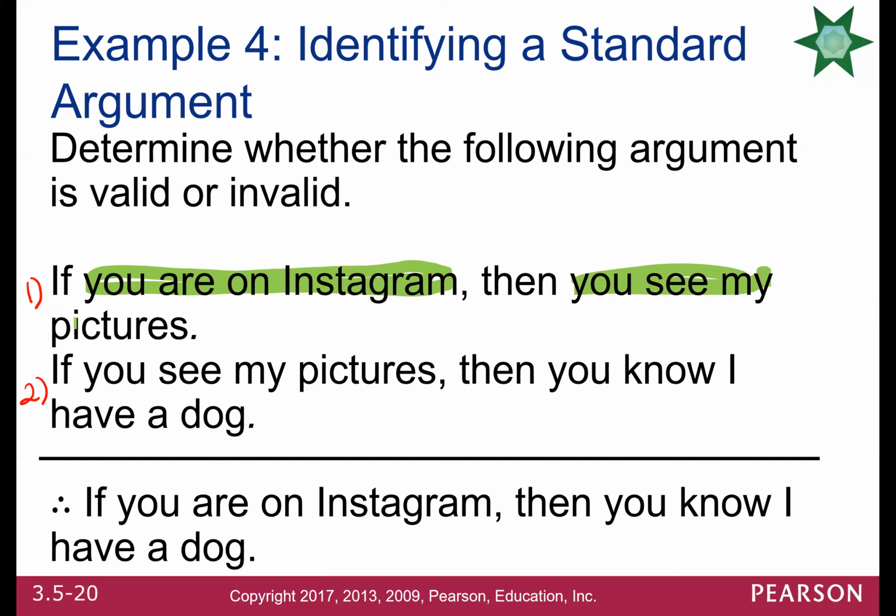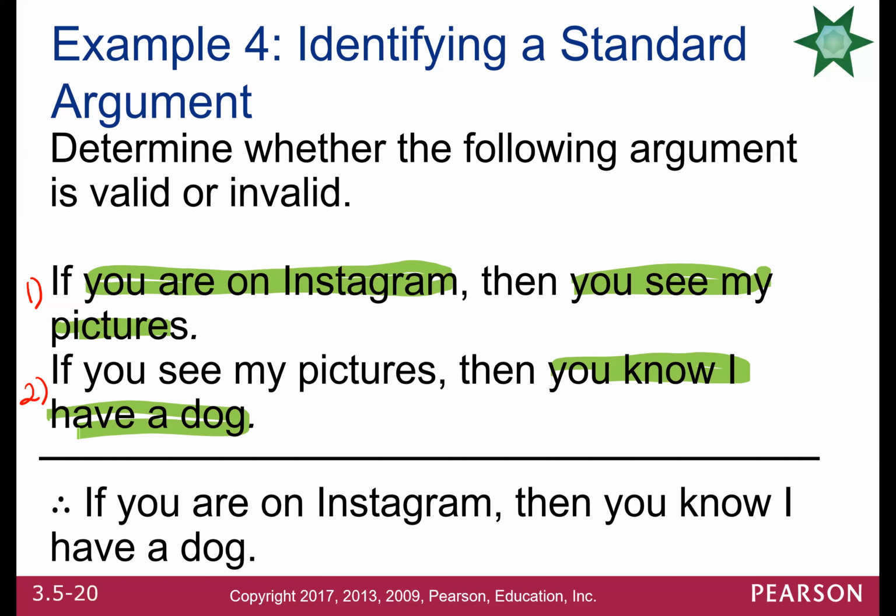So we would make that statement Q. Then in the second premise, I have another statement. That statement is, you know I have a dog. So I have 3 statements in this argument. You are on Instagram. You see my pictures. You know I have a dog.